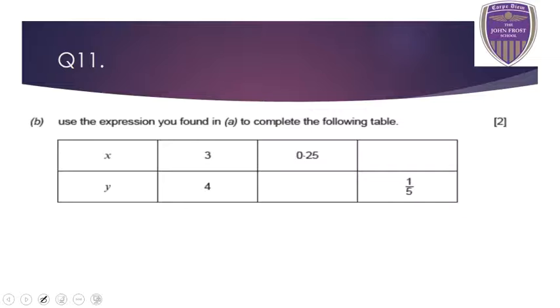So because we know that y is equal to 12 over x, you've now got to use that information to find the missing values. So I'm going to find this one first, and that's when we're finding out x, and we know that y is 1/5.